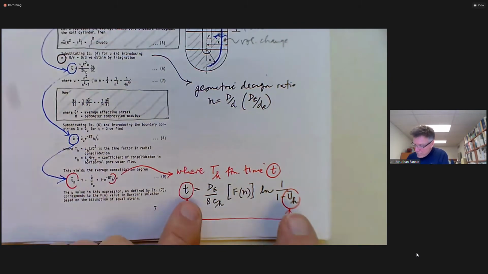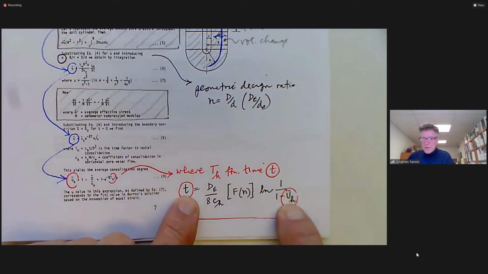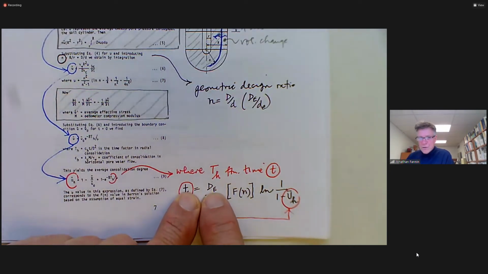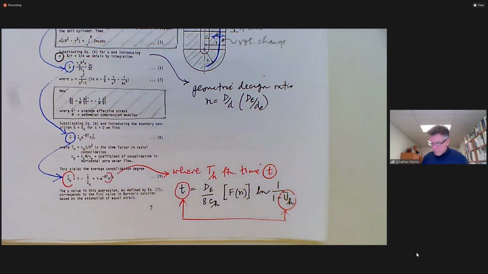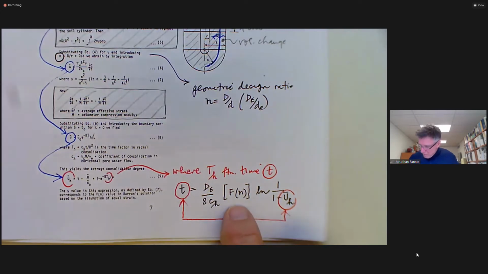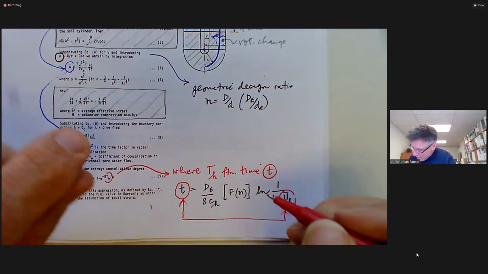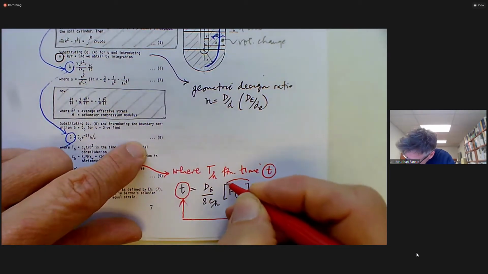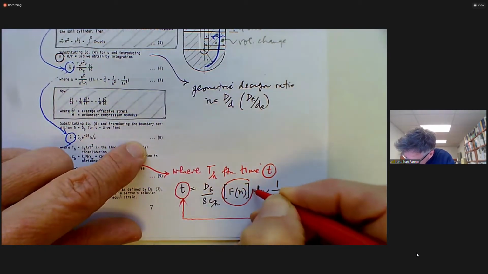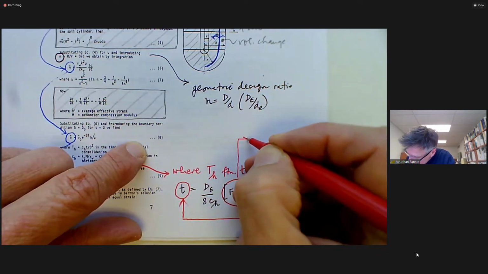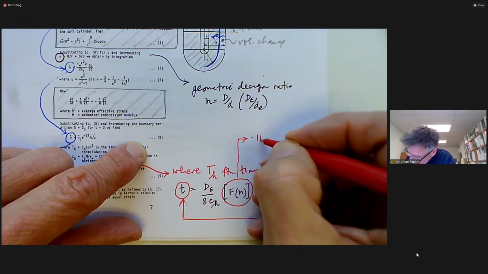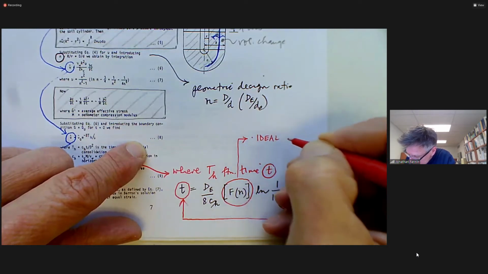And if we want to achieve a certain degree of consolidation in a certain target period of time, we're odds on going to manipulate the spacing of the drains to get that, okay? And this function here will vary depending on whether we're looking at a function that's describing the ideal case.